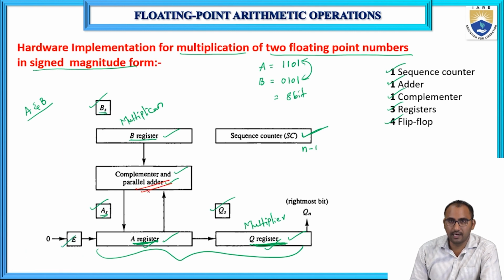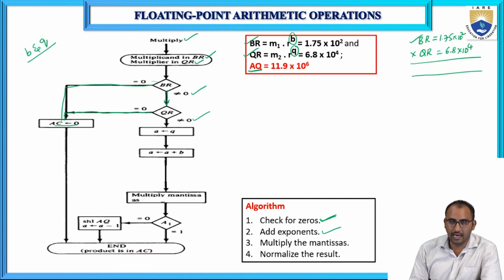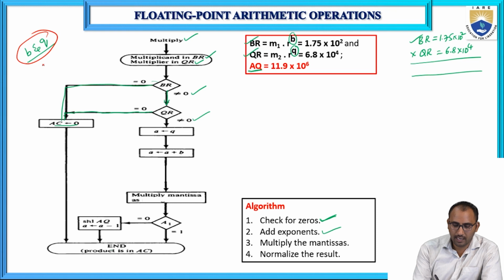This adder is present between the B register and the A register. It is not connected with the Q register, so we cannot perform addition between B and Q, but we can perform addition between A and B.